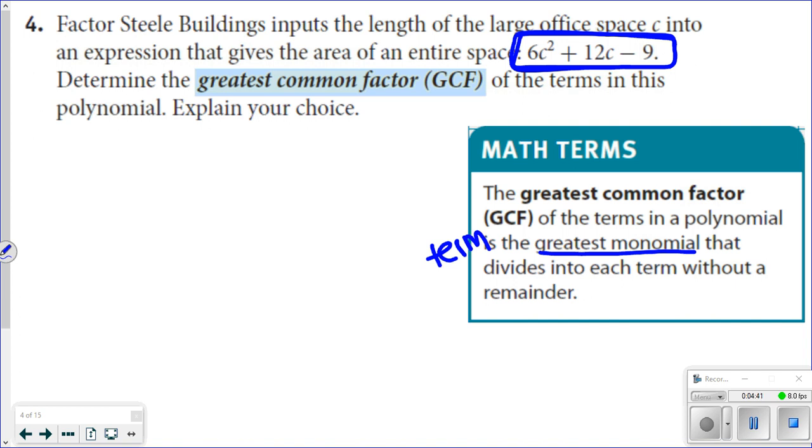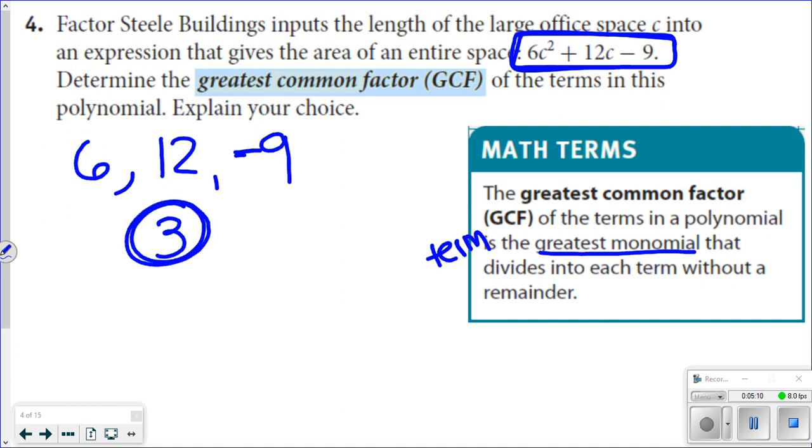So what I need to do is I need to look at my coefficients, my numbers here. So I have a 6, I have a 12, and we have a negative 9. And we want to think of the largest number that 6, 12, and negative 9 are divisible by. It would be 3.